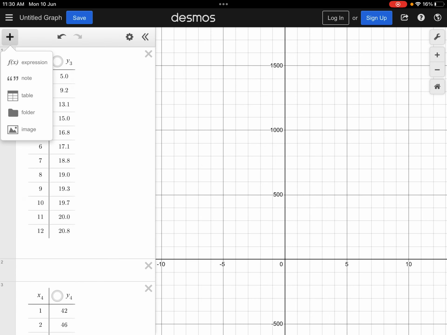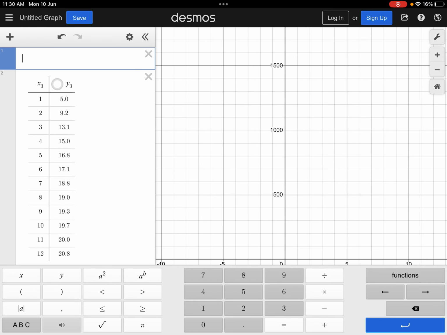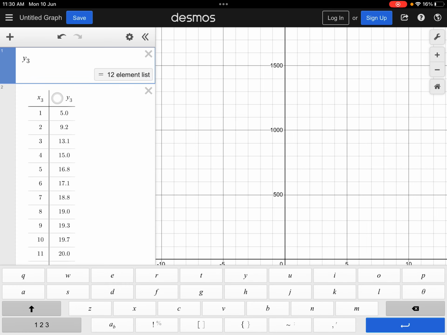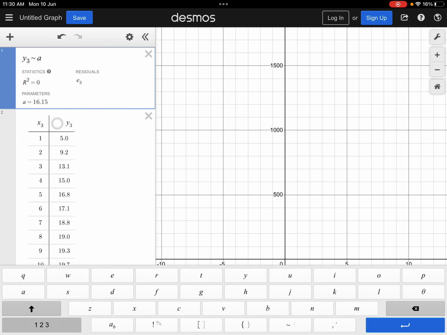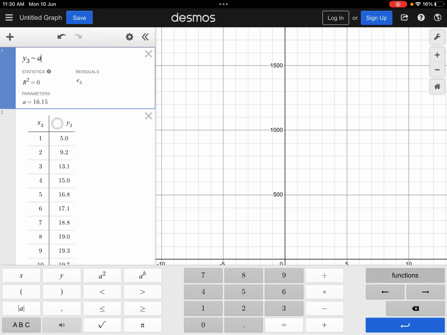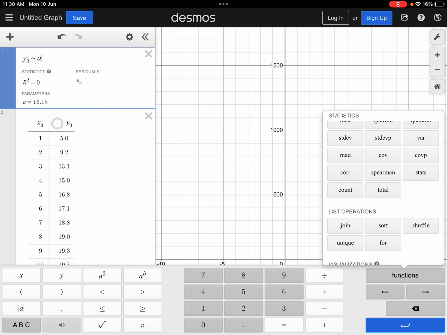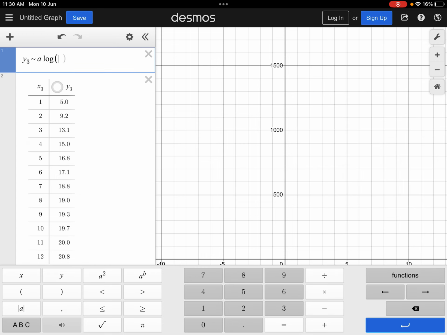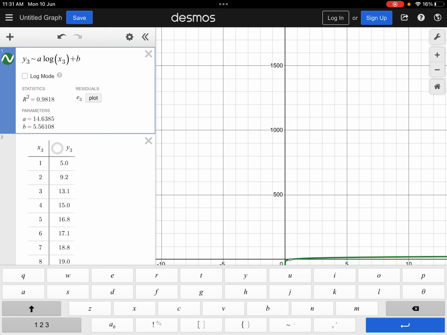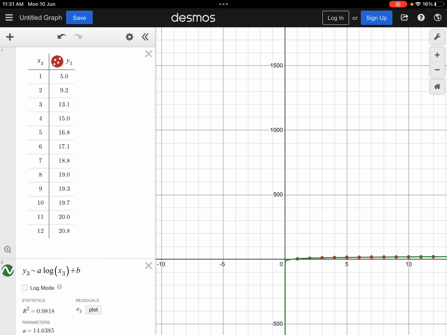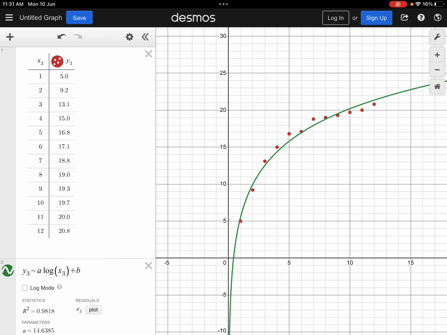I'll just go on it so you can see. So y3 tilde a log x3 plus b, and I need to show these points, zoom in, and that fits it quite nicely.